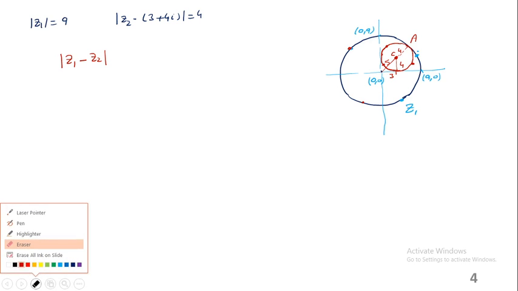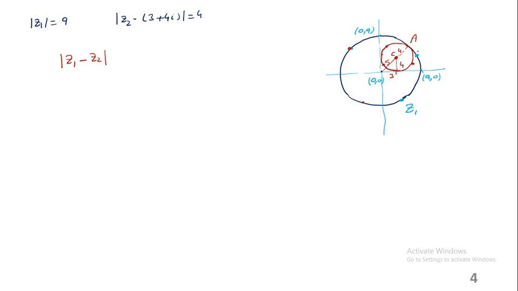So if we see carefully in the figure, we will observe that when Z1 comes here at the point A and Z2 also comes here, I mean to say when Z1 and Z2 coincide, the distance between them becomes 0, right? So the magnitude of Z1 minus Z2 becomes 0 when Z1 and Z2 coincide.